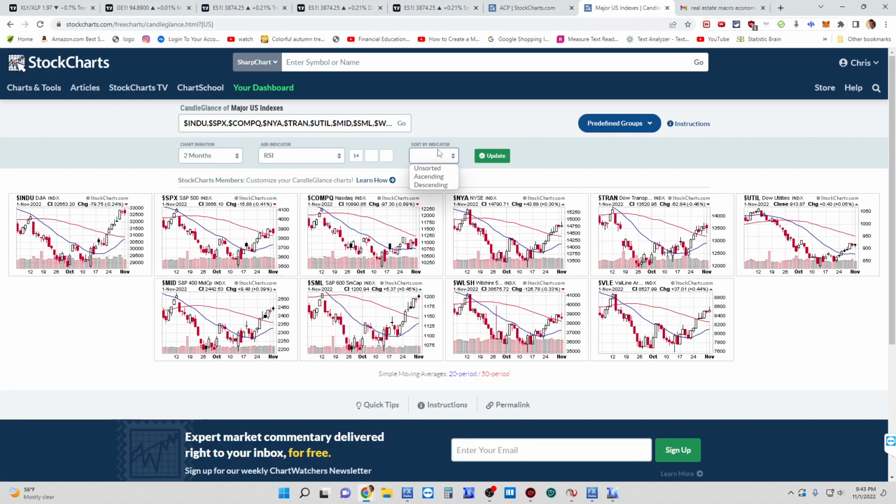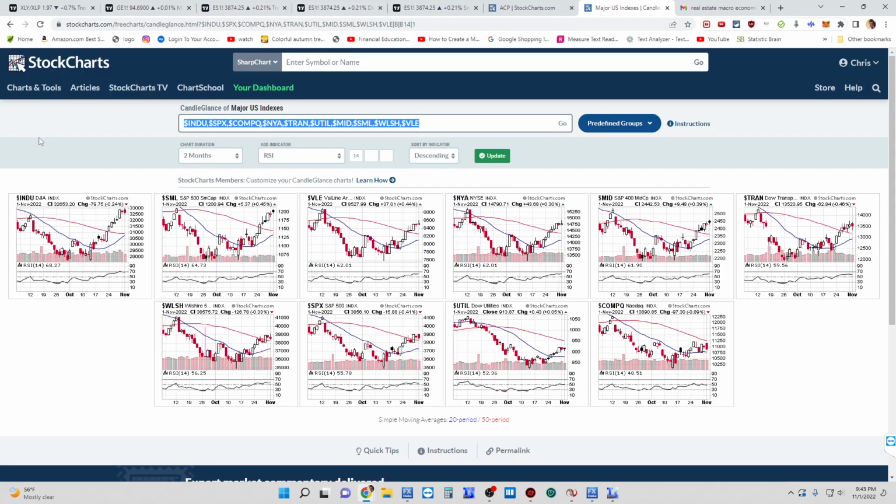Gold's not doing its job and looks really weird in the market. Is there inflation? Is there not inflation? Why isn't gold doing its job with inflation? This is the indexes, like the Dow, small cap, energy. I think that's VLE. I'm not 100% sure. I think it's like airlines maybe. Bottom 3: S&P 500, Dow, utilities, and NASDAQ.